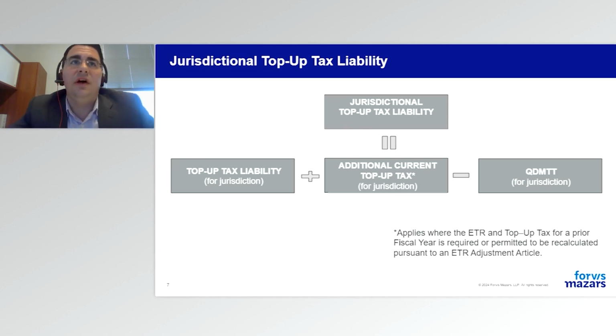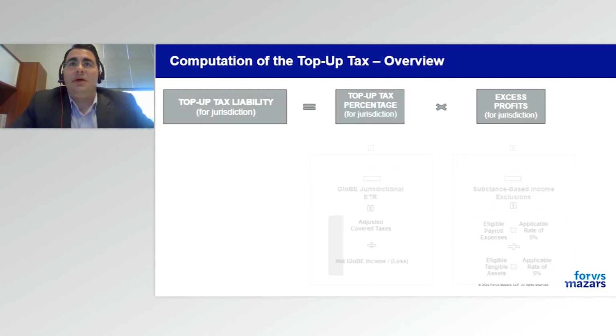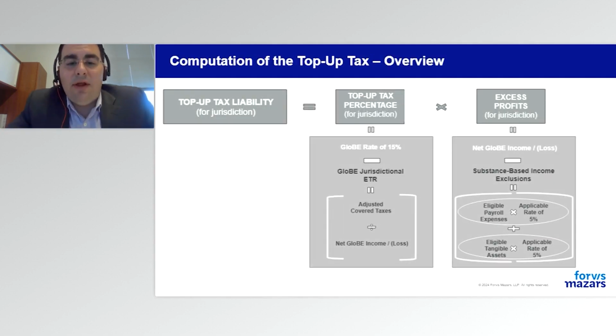Let's hone in on this left side here, the top-up tax liability. To figure out your top-up tax liability, there's an elaborate mechanical computation laid out in Article 5 of the model rules. It basically says you have to take your excess profits and compare that to the product of which is the top-up tax percentage.